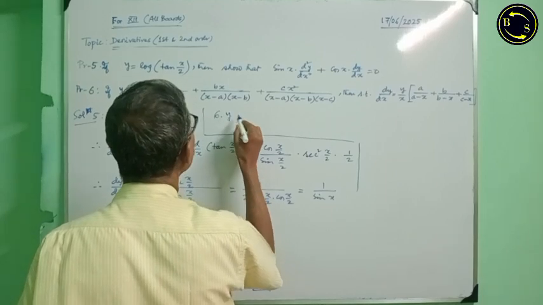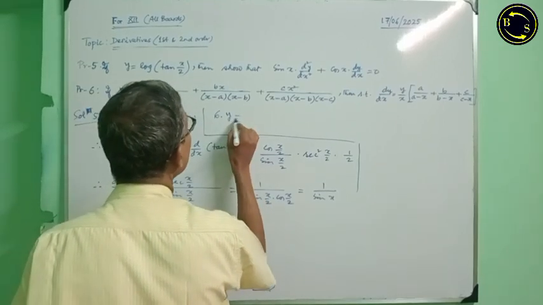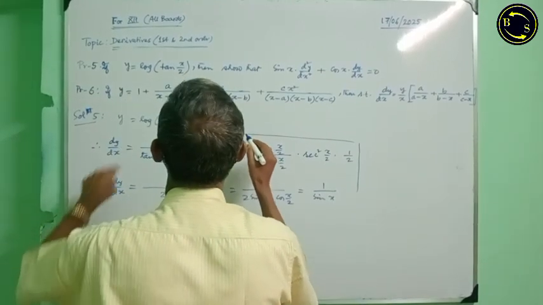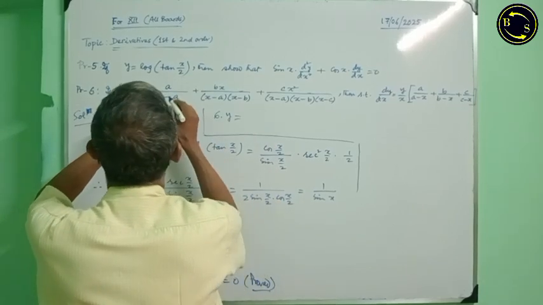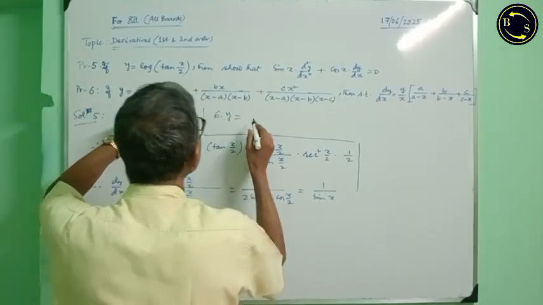Y is equal to, we simplify step by step form. 1 plus a by x minus a.